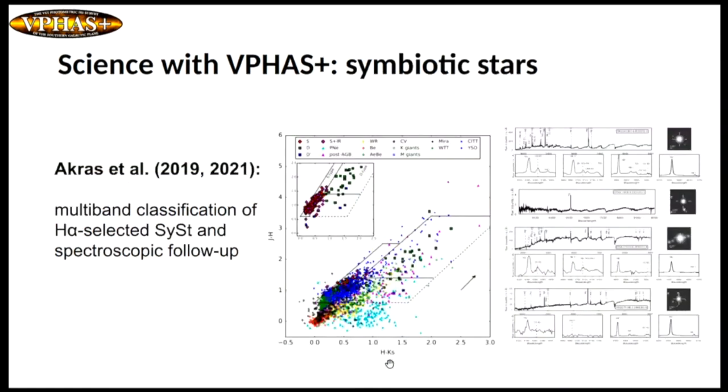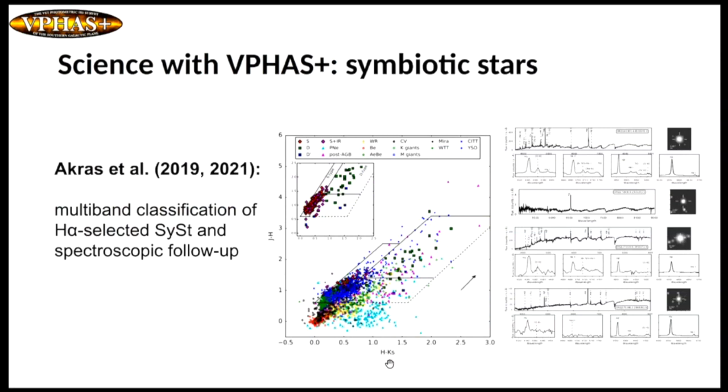Now, changing topic, we are going to look at older stars. In these papers, the authors analyzed a selection of old stars, in particular symbiotic stars, which are binaries where a giant star is transferring mass onto a white dwarf.